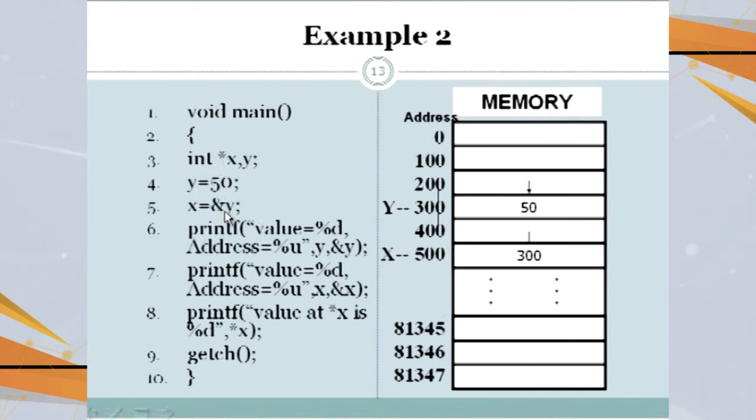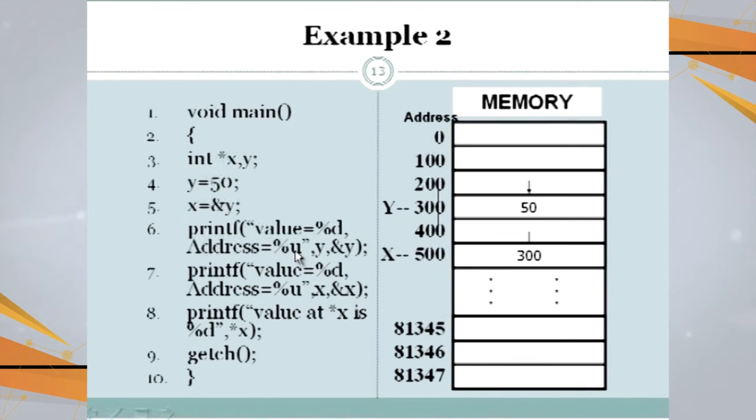x = &y will initialize the pointer variable x to the address of y as shown in the diagram. &y will return the address of y, that is assumed to be 300, and thus x is initialized to the value 300. Then value equals %d, and we are displaying the value of y. Then address equals %u, and then we are displaying &y.